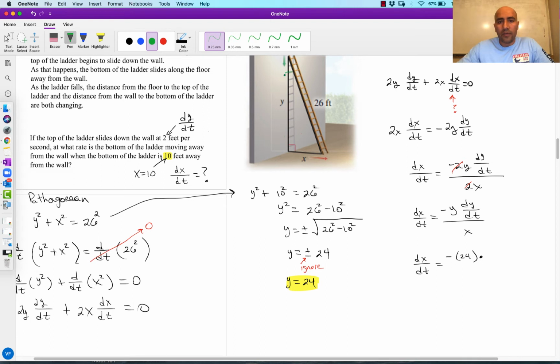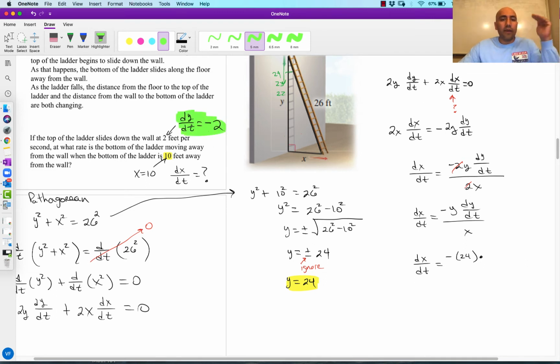In other words, where did we start? It used to be 24 feet high, and then it's going to go to 23 feet, and then 22 feet, as it slides down. So this value is decreasing. So we say that dy/dt is going to be negative 2. That's important to note, the sign does matter.